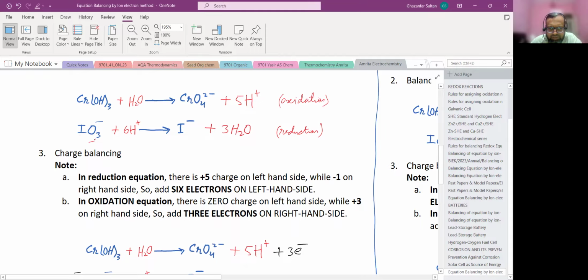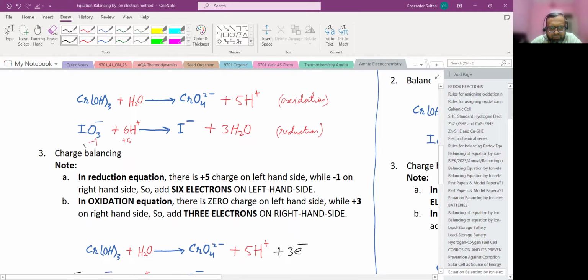Because you can see that it is -1 and it is +6. So -1 and +6, it means the total net charge is +5. So on the right hand side, there should be the same charge. So what to do? We have only -1 charge on the right hand side. So how can we manage it?